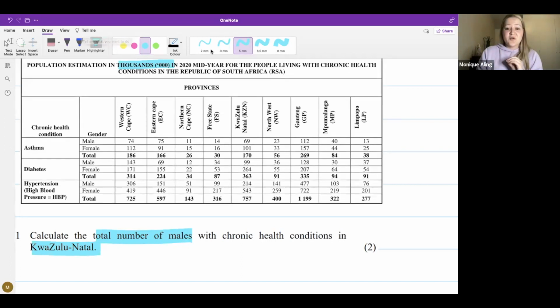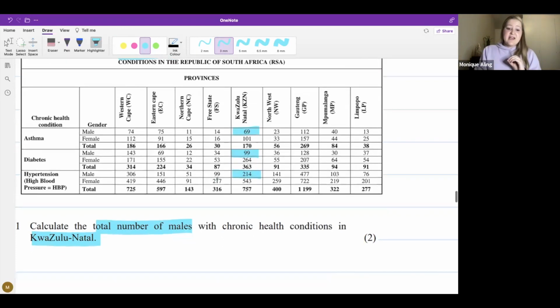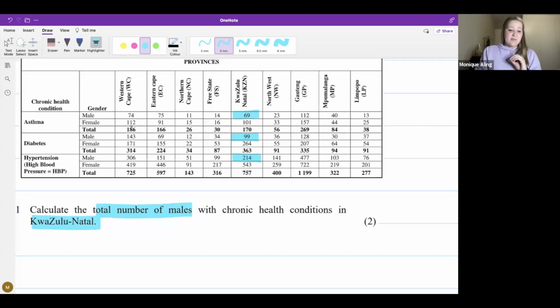So now we need to go and find all the males in KZN. So the first one, 69,000 have asthma, 99,000 have diabetes, and 214,000 males have hypertension. Okay, so you'd obviously show your working out.